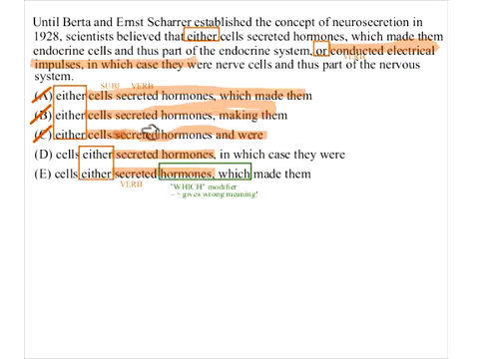Because you guys know the word which automatically applies to whatever noun is right here. So this modifier, taken literally, means that the hormones caused these cells to be endocrine cells.